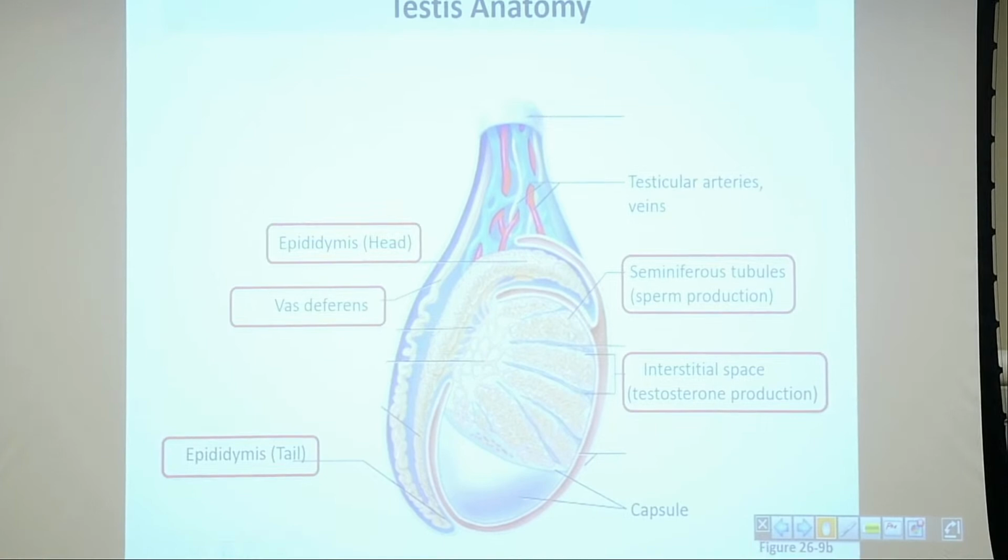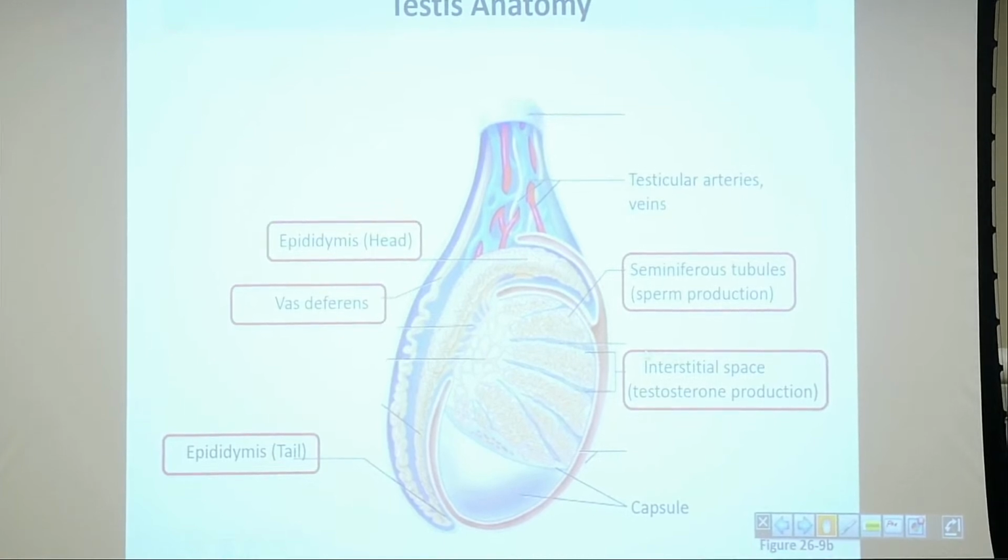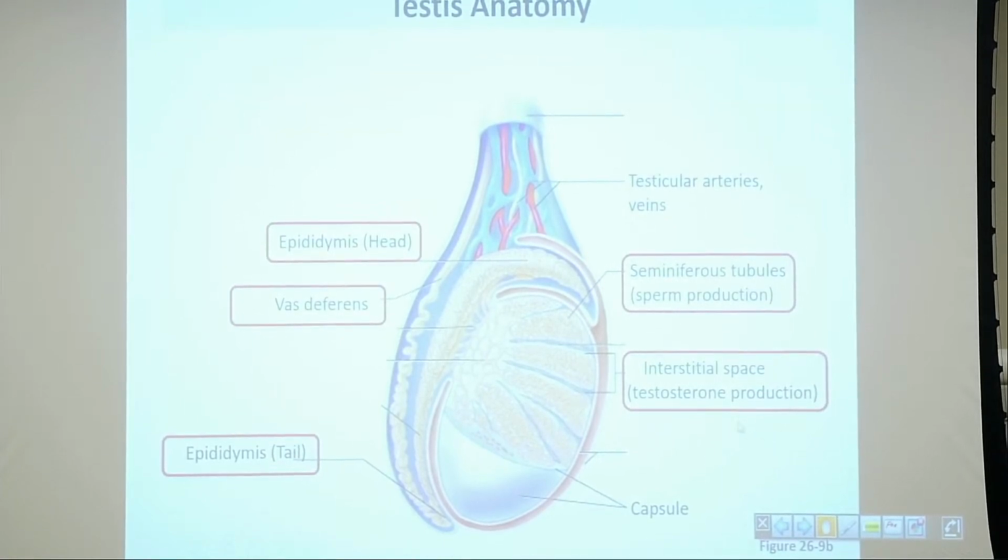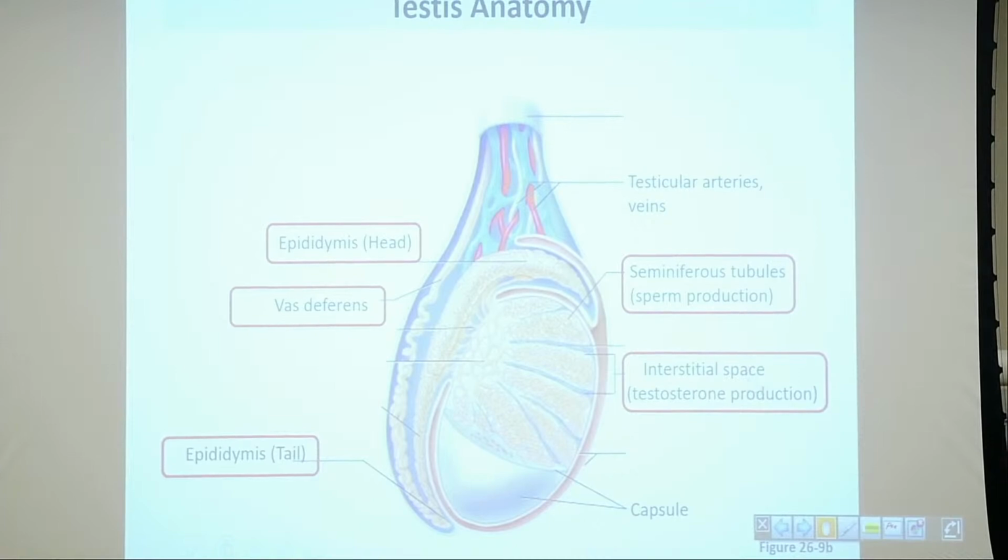Between the seminiferous tubules, we have the so-called interstitial space or interstitial cells. These are the so-called Leydig cells which are producing testosterone. Testosterone production and sperm production happen in different structures of the testis. And the sperm produced by the seminiferous tubules travels to the epididymis, which has two parts.